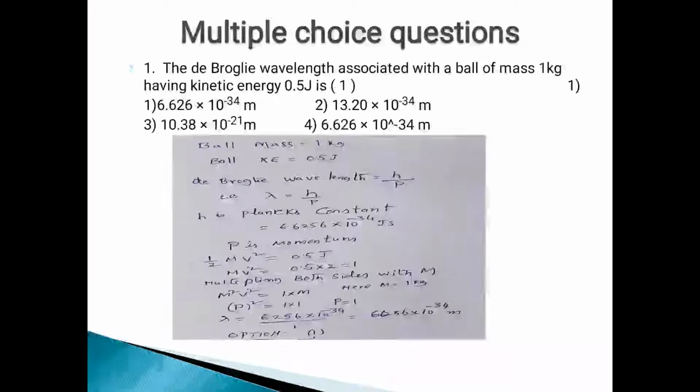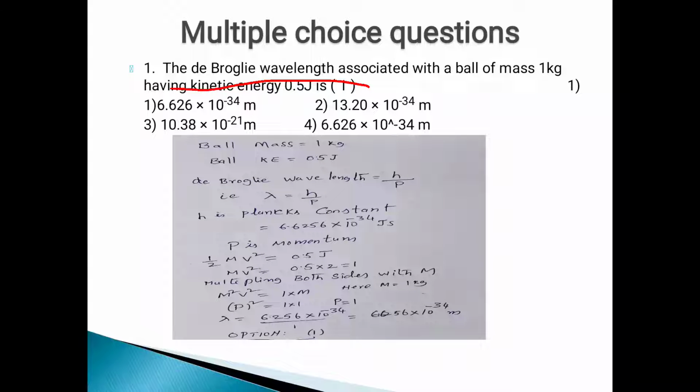The de Broglie wavelength associated with a ball of mass 1 kg having kinetic energy 0.5 J is? So he wanted to know the wavelength associated with the ball of mass 1 kg. Actually, it is based on the dual nature of objects.